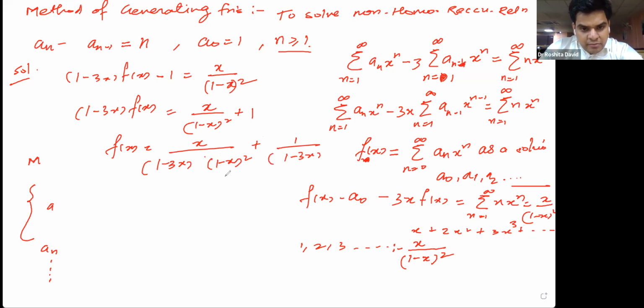For this you have to solve using partial fractions. So now I am dealing with this to get the partial fractions. I will write it as a upon (1 minus 3x) plus b upon (1 minus x) plus c upon (1 minus x) square.